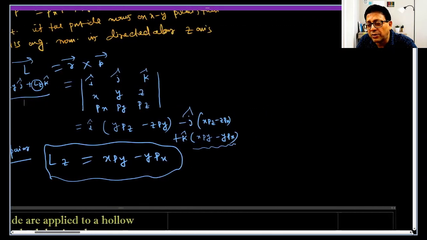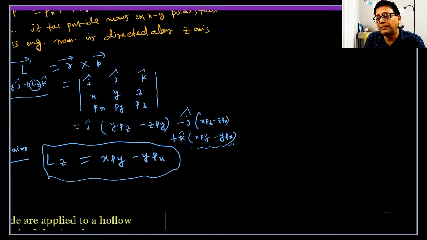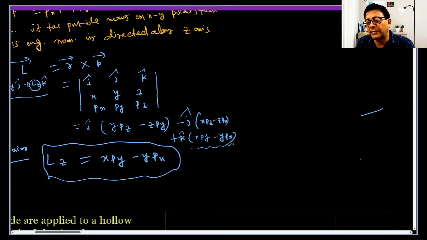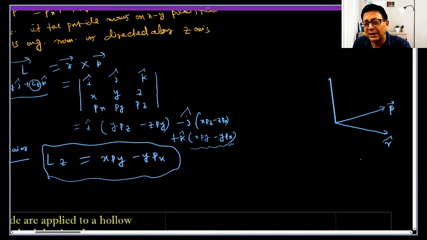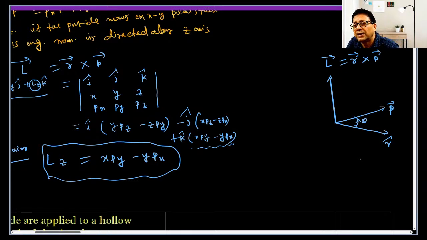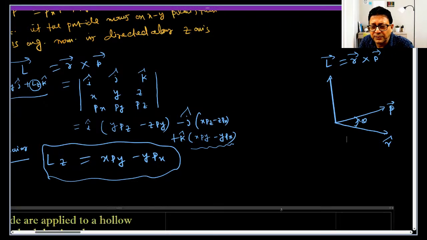It follows from the definition also that if this is your xy plane, this vector is r and this one is p, then L equal to r cross p, perpendicular to the plane of r and p. It will go this way.